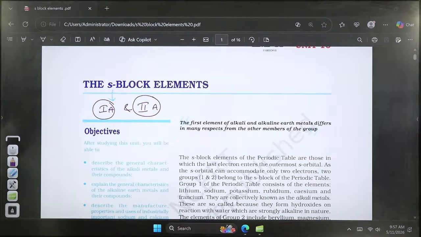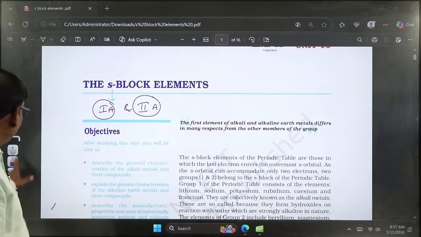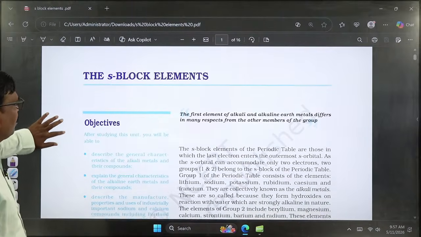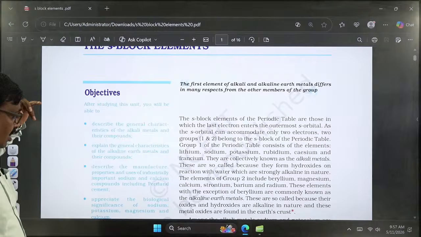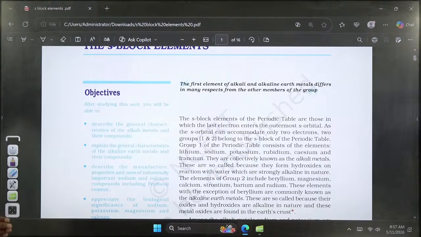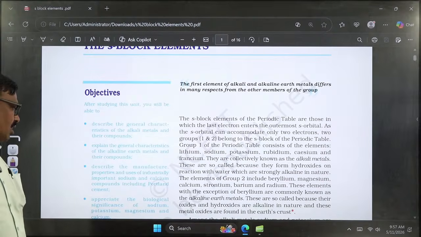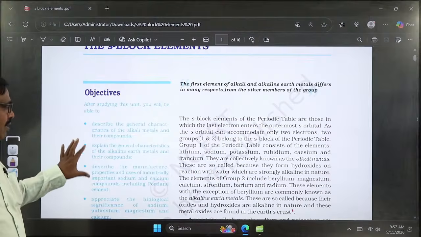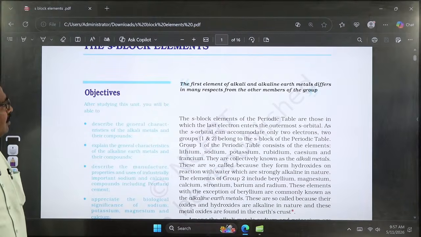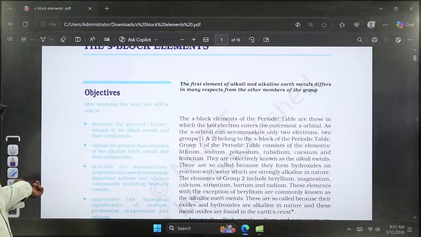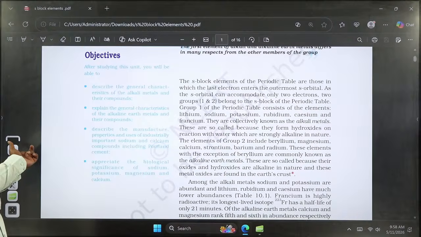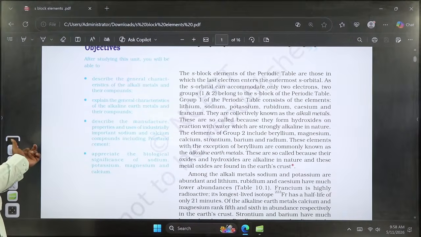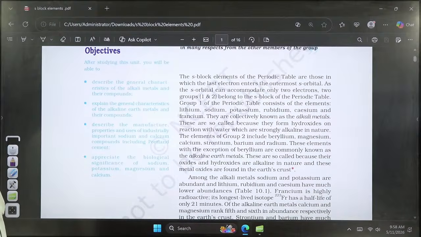So various kinds of questions will be produced from this inorganic chapter. Mostly the questions will be statement-wise questions or correct and incorrect statements. In this way, different versions of questions will be asked from this chapter. In the inorganic part, reading the textbook is very, very important, because questions are directly asked from these statements.